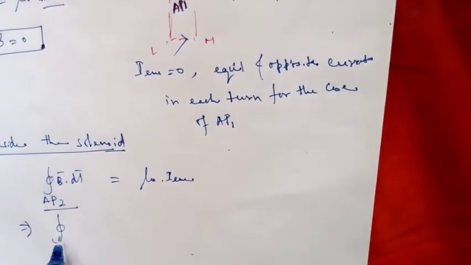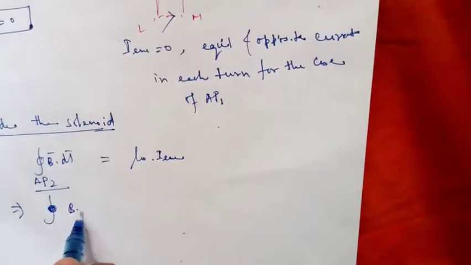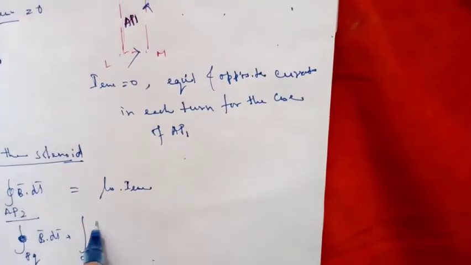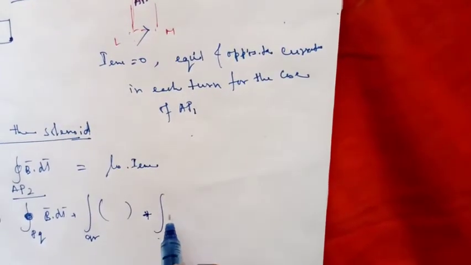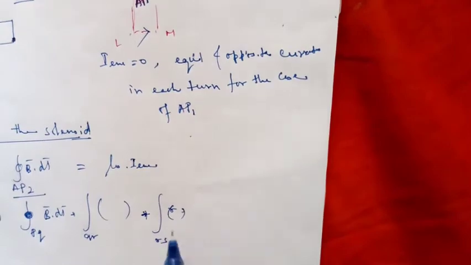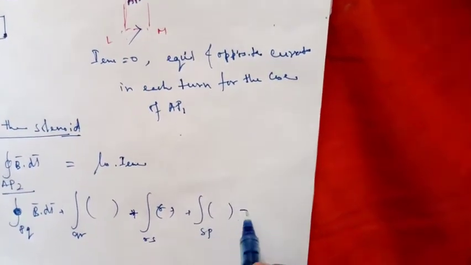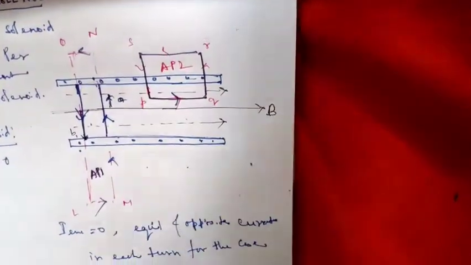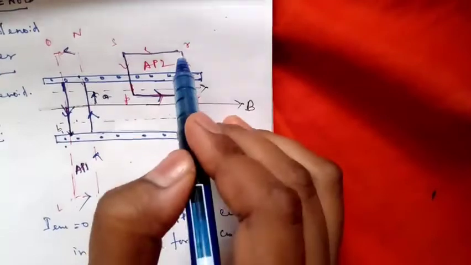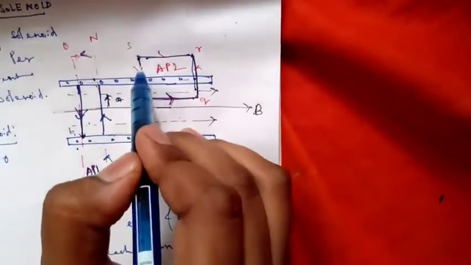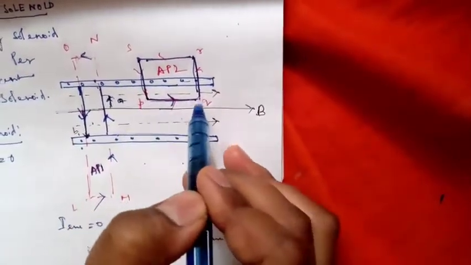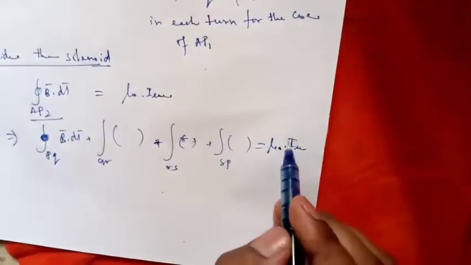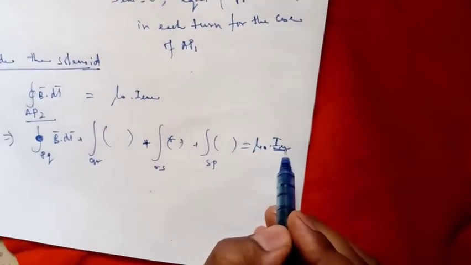That is, I bifurcate this path into PQ, QR, RS and SP, and this equals mu 0 into I enclosed. We bifurcate the whole path into 4 linear paths. Now I enclosed is the total current enclosed by the path.